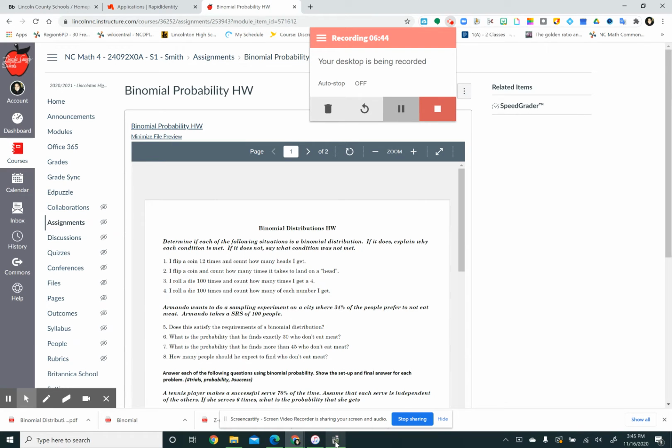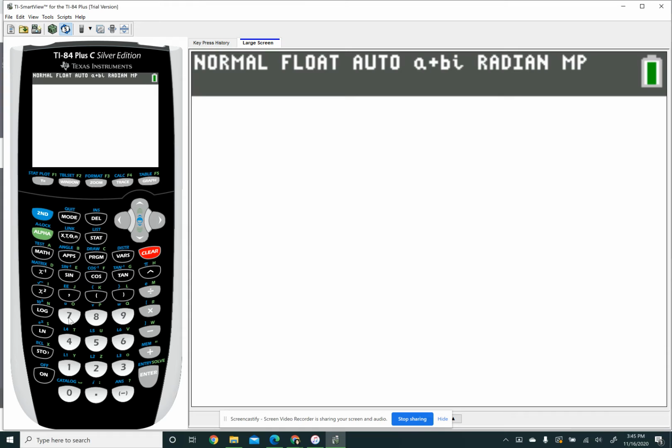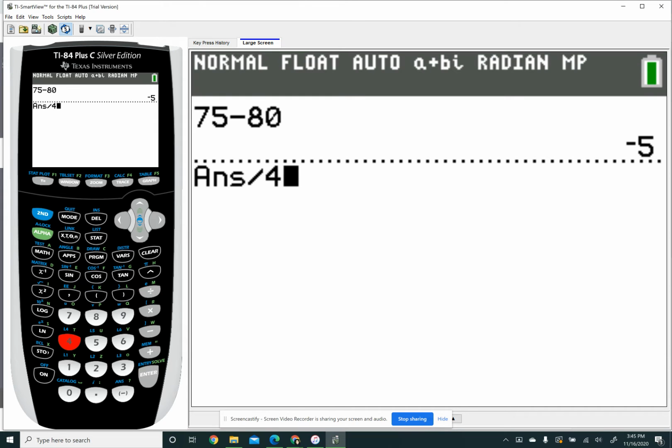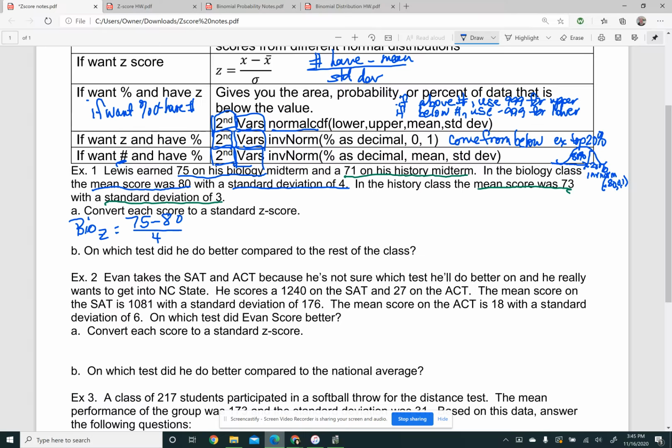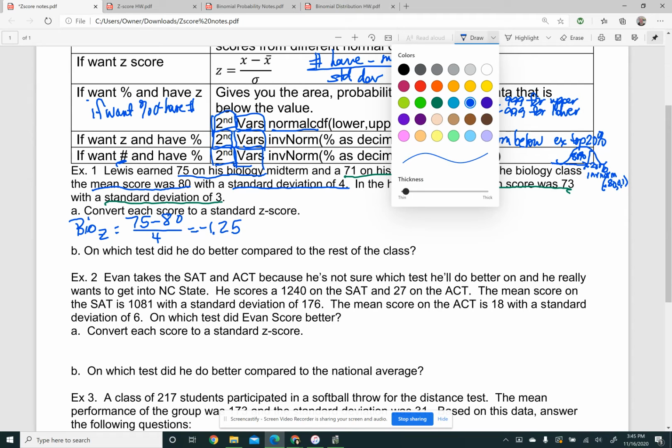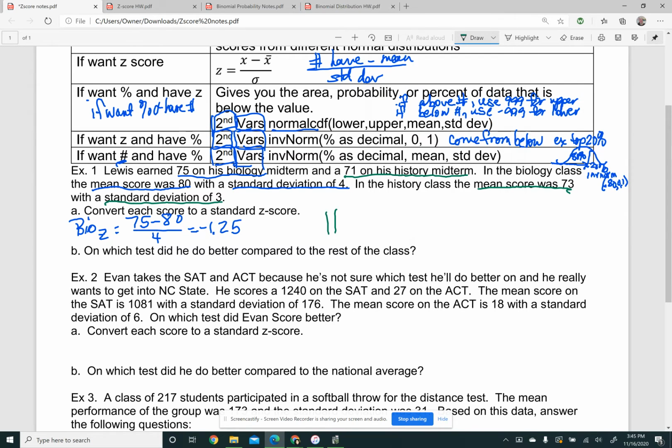All right, so we would say 75 minus 80, find the answer and divide by 4. So we get negative 1.25 as our z here. And for history, we get 71 minus 73 divided by 3.